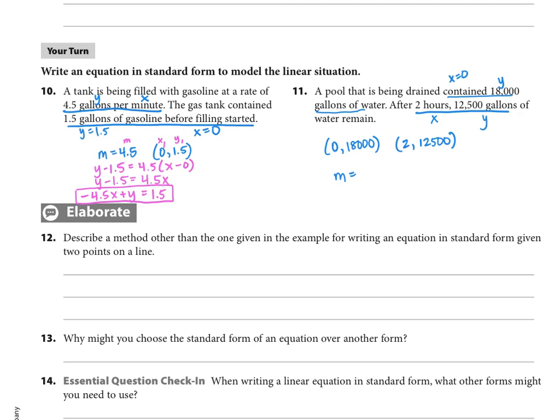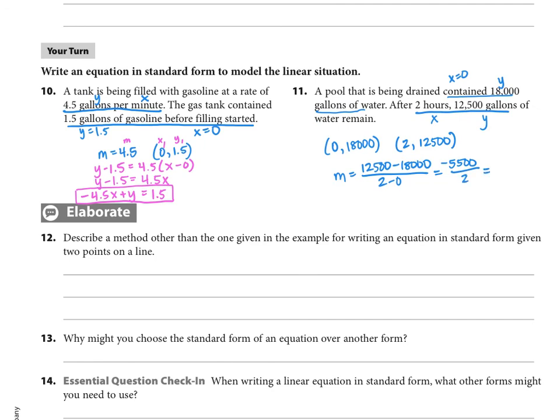So I'm going to subtract y2 minus y1. So that's 12,500 minus 18,000. And this should end up being a negative rate, a negative slope, because it's being drained. So think about what's happening when it's being drained. So when I subtract, I'm going to get, what is that? Negative 5,500 over positive 2.